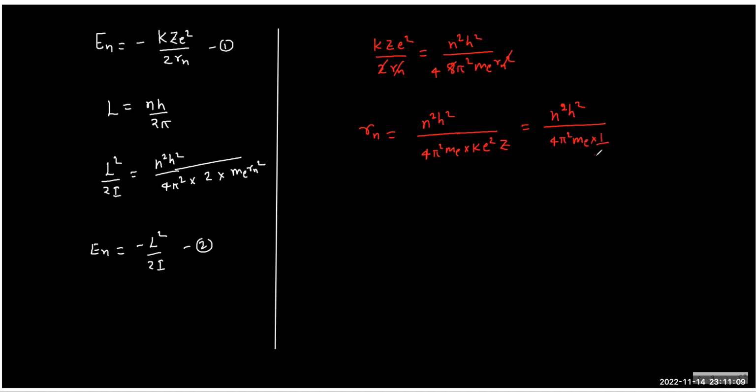What is k? So we got Rn equals epsilon naught h square upon pi m e square, whole into n square by Z.